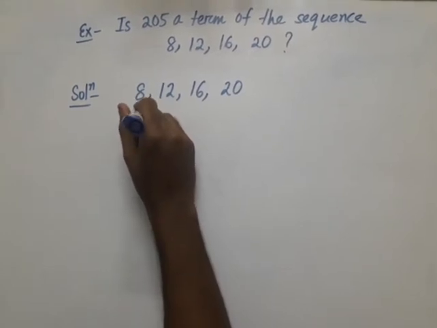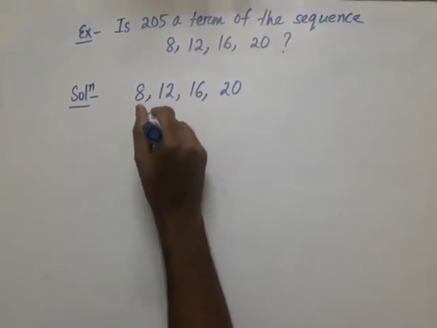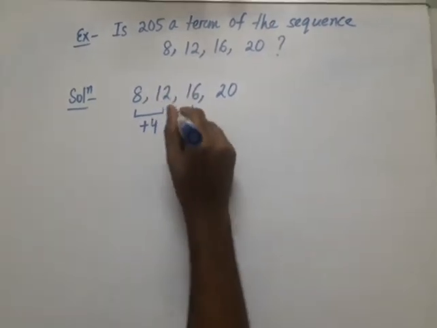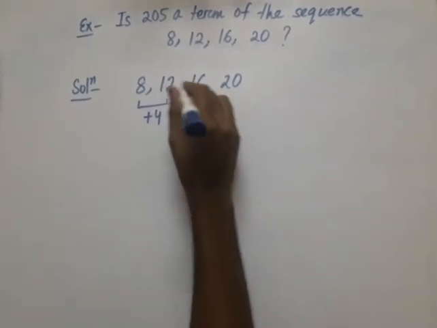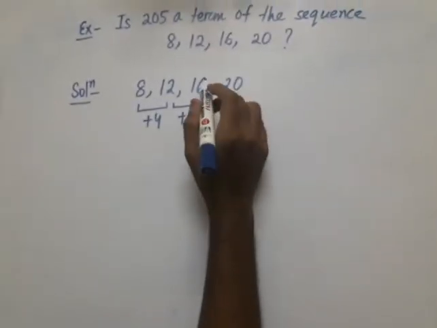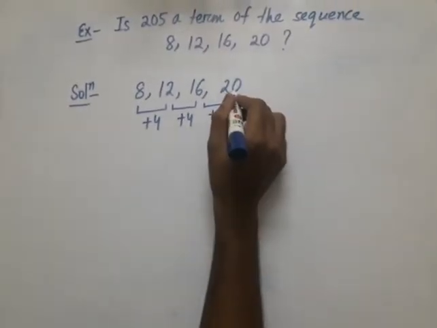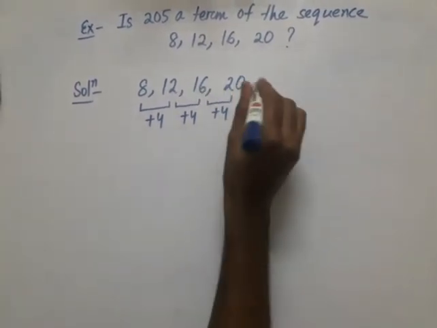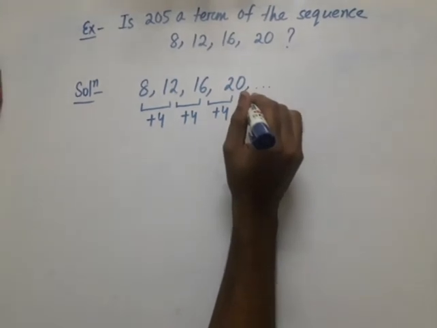Okay, so we can see when we add 4 to the first term 8, we get 12. Then we again add 4 to the second term 12 to get 16. Again we add plus 4 to get the fourth term of the sequence 20, and it goes on like that.